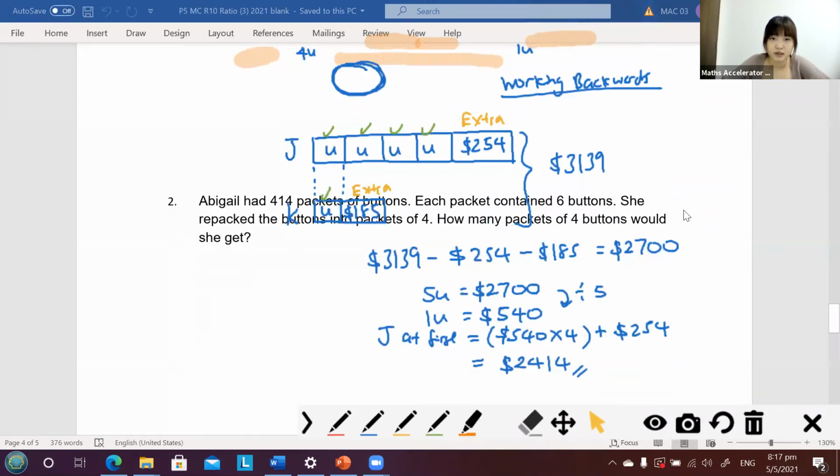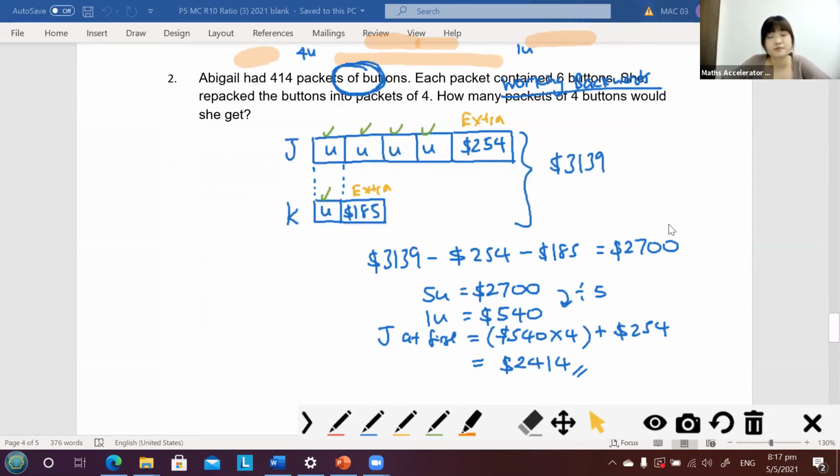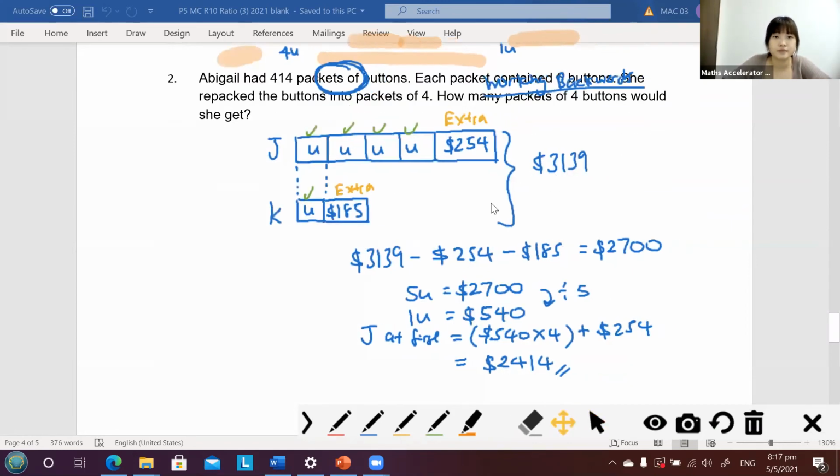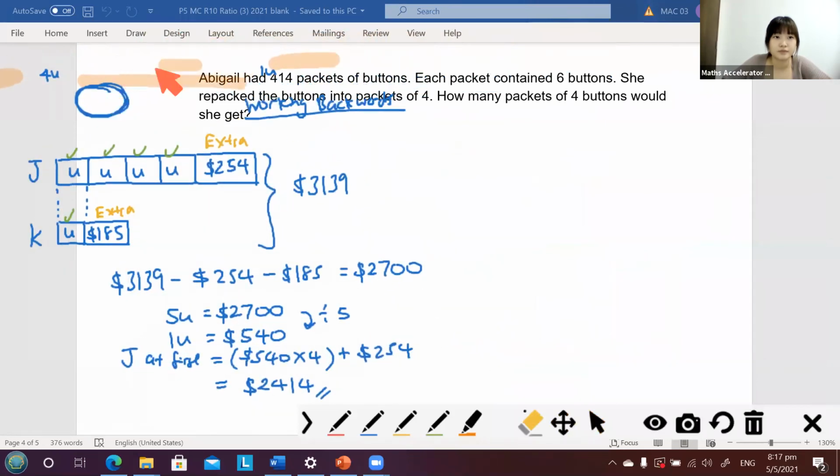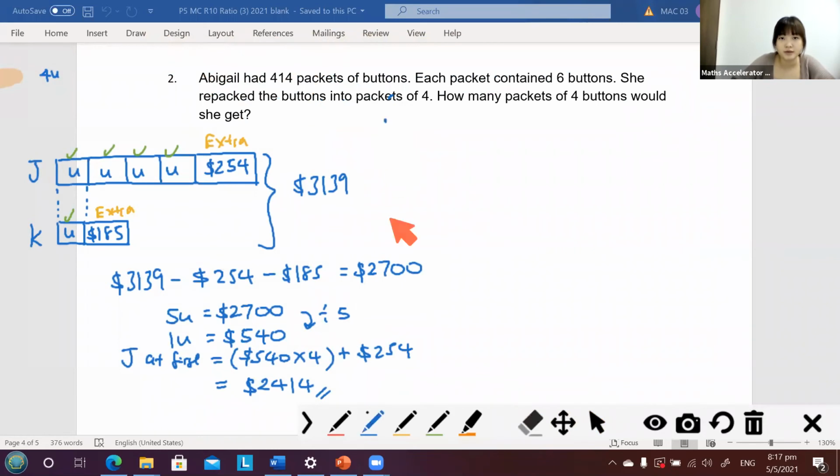Okay, let's move on to question 2. Okay, I'll leave question 1 here if you still need it. Okay, this is question 2.